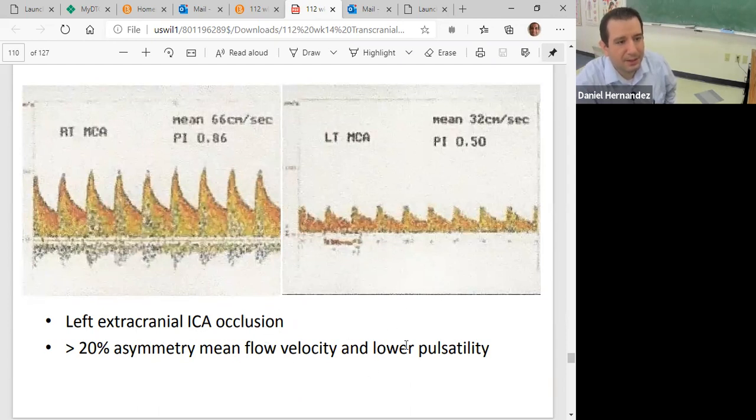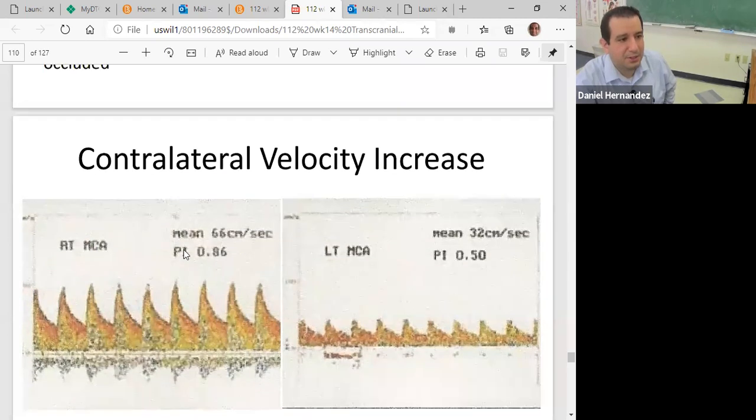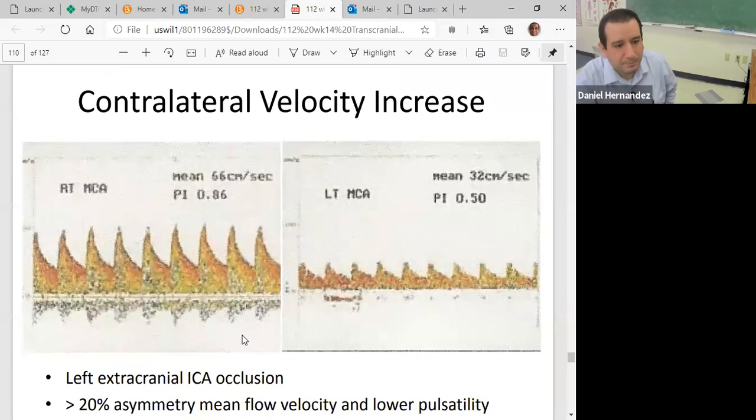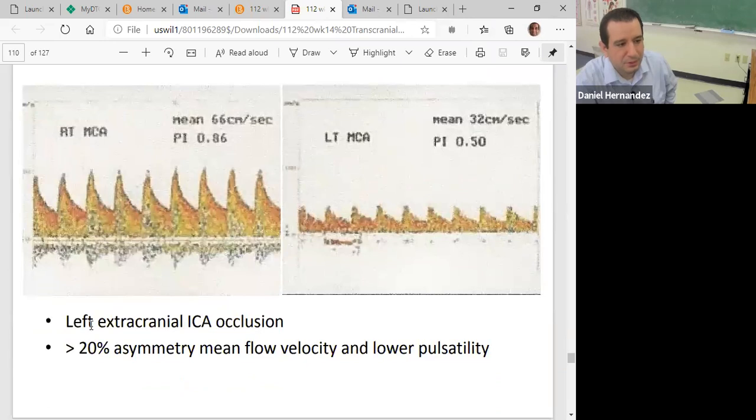So this patient's left ICA was occluded, which limited flow to the left middle cerebral artery. As a compensation, the right middle cerebral artery demonstrated increased flow. So we look for asymmetric mean flow velocities and lower pulsatility.